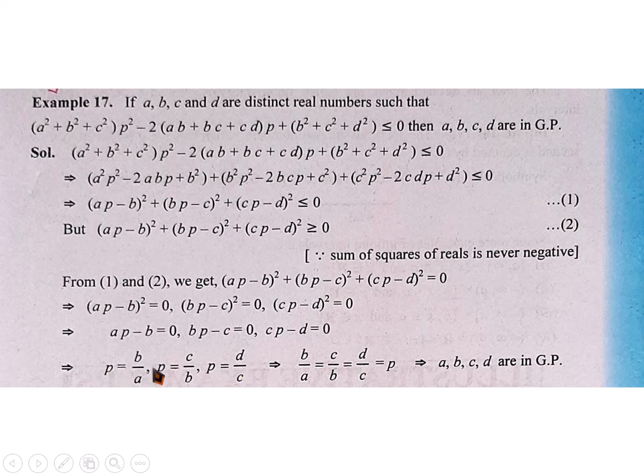So here is p, here is p, here is p, collecting the values of p. So we can write like this: b over a, c over b, and d over c equal to p. From here it follows that a, b, c, d are in GP. These four numbers are in GP.